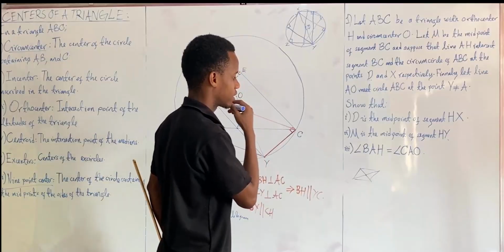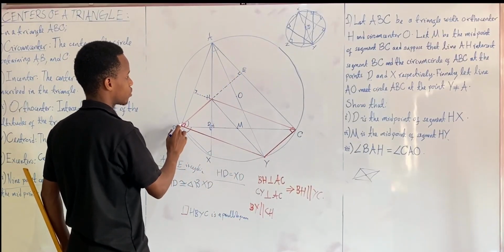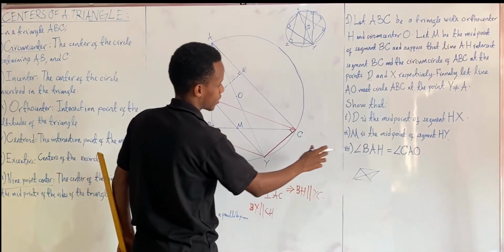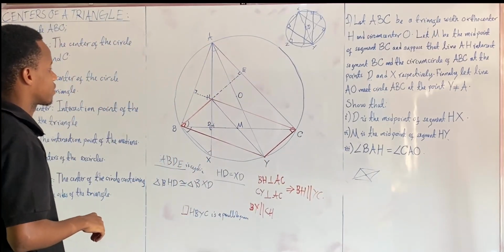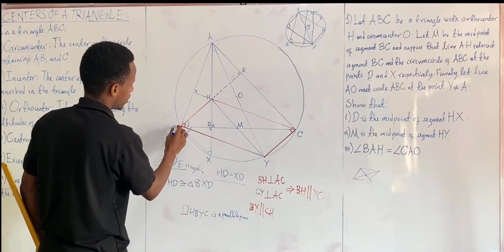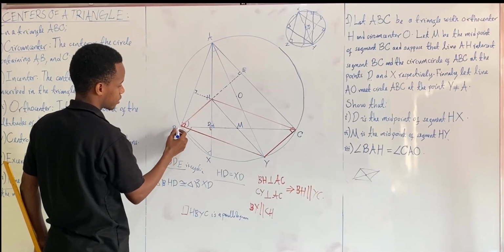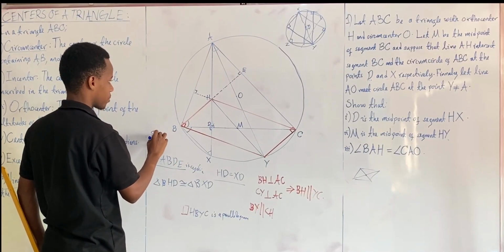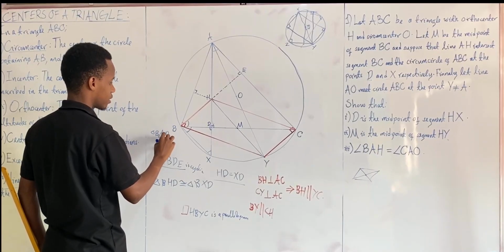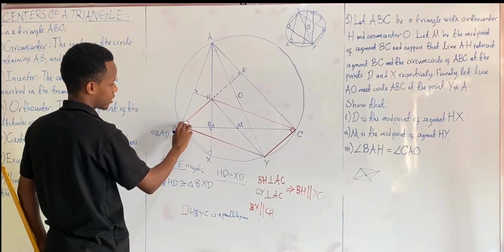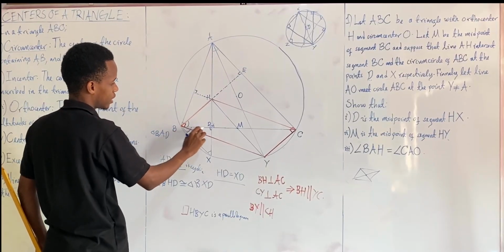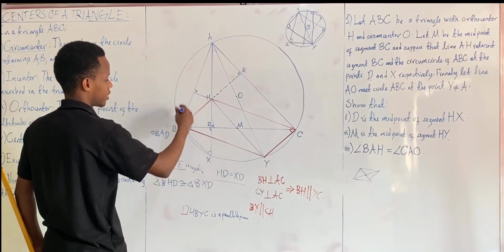For the third statement, we are required to show that angle BAH is the same as angle CAO. Now this one is also not difficult to prove because here we have a right triangle BAD, we have a 90 degrees here, and angle BAD is the same as the angle B of the triangle ABC.